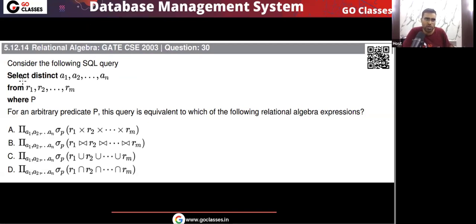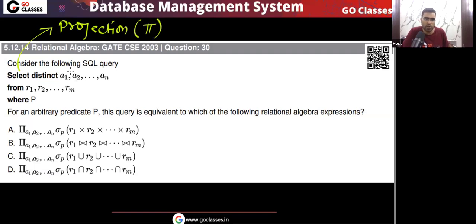Consider the following SQL query. Select distinct. So there will be no duplicate tuples in the output. Let me tell you one by one. This select means projection; projection means pi.